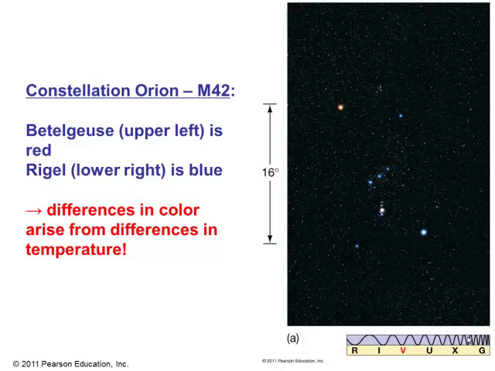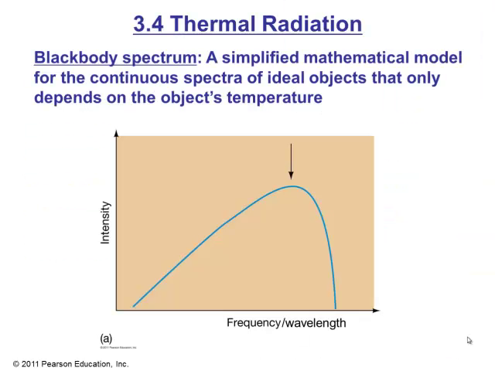So keep in mind that differences in color when you look at the stars arise from differences in temperature, and those temperatures are going to be measured in degrees Kelvin. Now, I talked a little bit about thermal radiation, and that's very important.